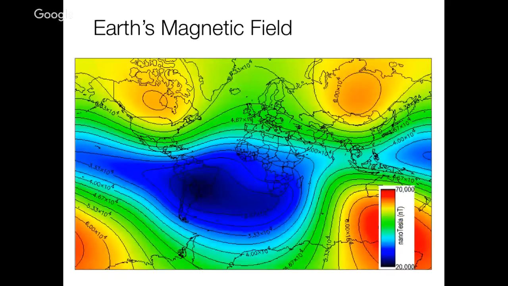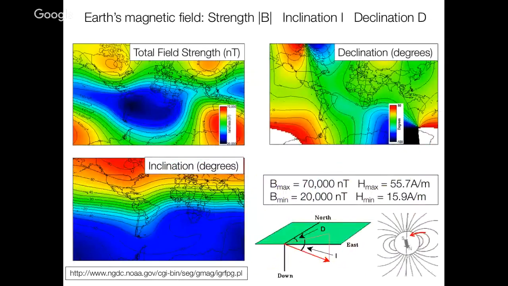It's highest at the poles, lowest at the equator. And then it also had a declination, which was the angle that it would point compared to magnetic north, as well as the inclination, which is the angle that the magnetic field is from the horizontal position.